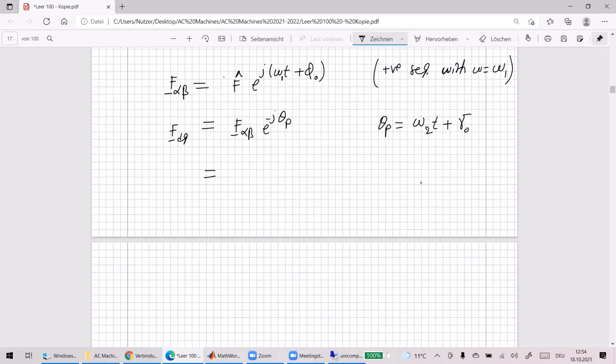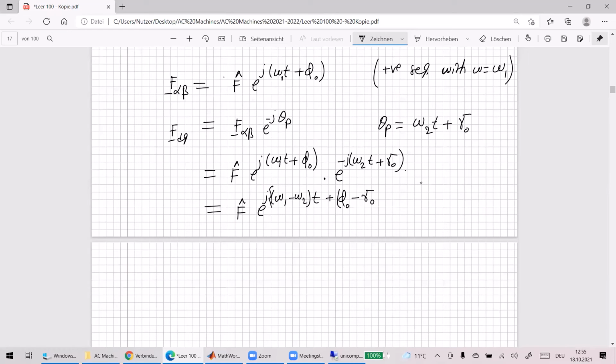If we substitute these two, what you would see is e power j omega 1 t plus phi naught into e power minus j omega 2 t plus gamma naught. You can solve these two, and what you will get is omega 1 minus omega 2 into t plus phi naught minus gamma naught.